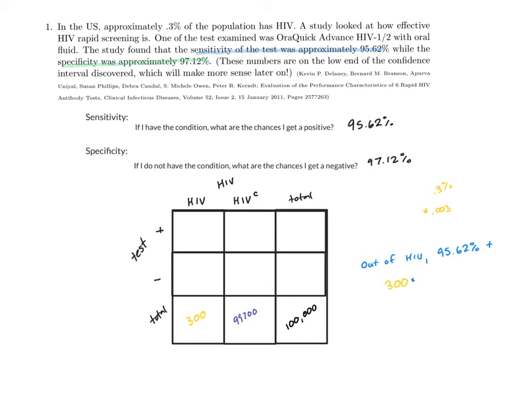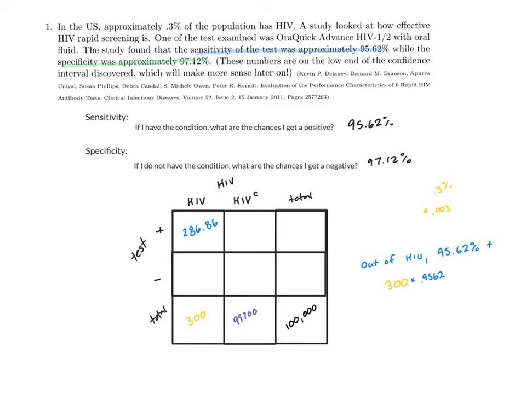So I'll take the 300 times 0.9562, and I get 286.86.